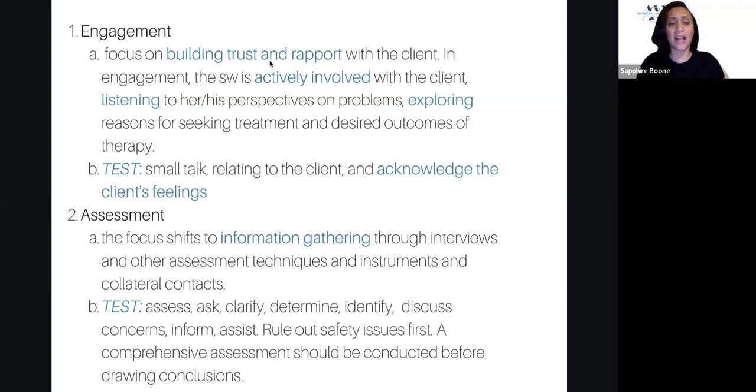Sometimes assisting the client, depending on what you're assisting them with, may be assessment as well. So what you just really want to determine is where are you in the process. Sometimes the test will tell you you're in the intake appointment, you're in the first session, you're in the 8th session, right? And sometimes it doesn't say any of that.